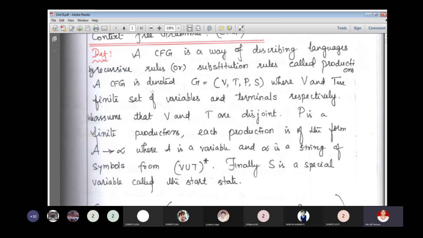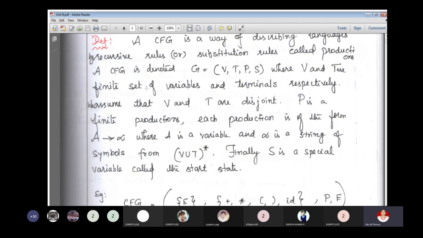That is, we may have any number of variables and terminals on the right hand side of the production, whereas on the left hand side we should have only one variable. So this is the format of the production rule, A tends to alpha. Finally, S is a special variable called the start symbol of the grammar.